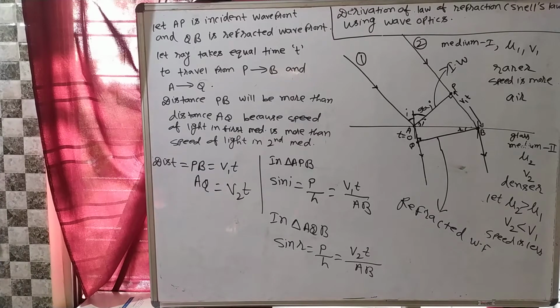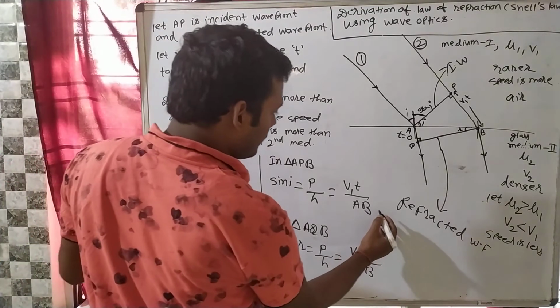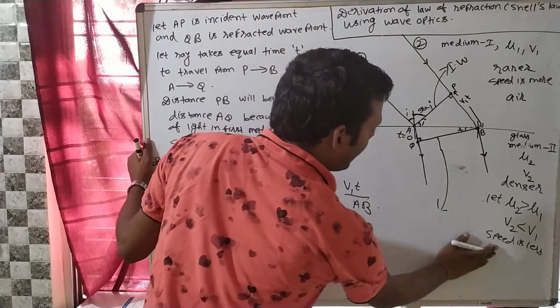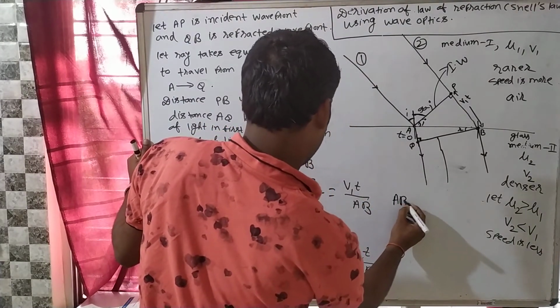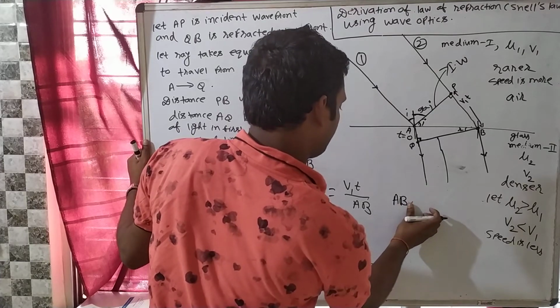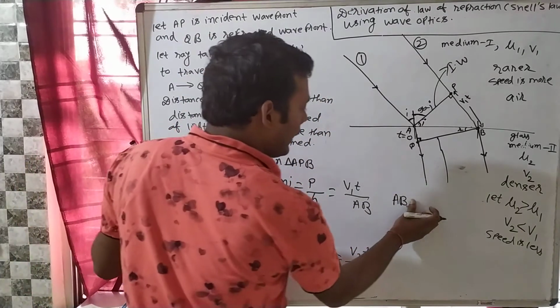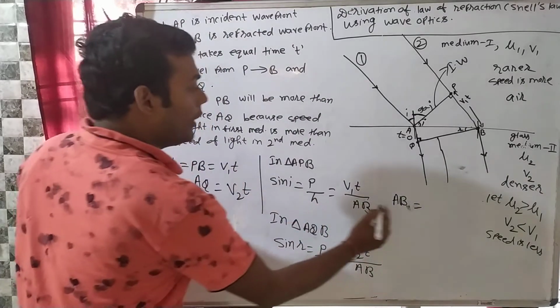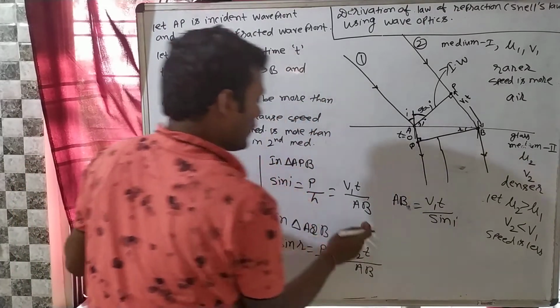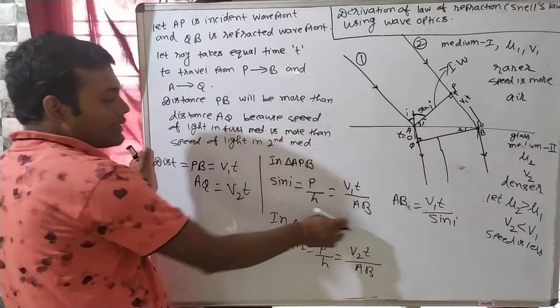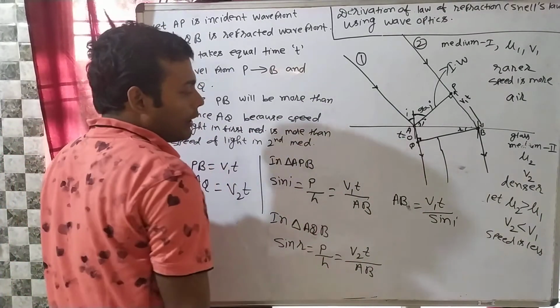Okay. From this equation, can we write that AB is equal to V1T by sin I? This and this, cross multiplication, so AB will come here and sin I will come here.